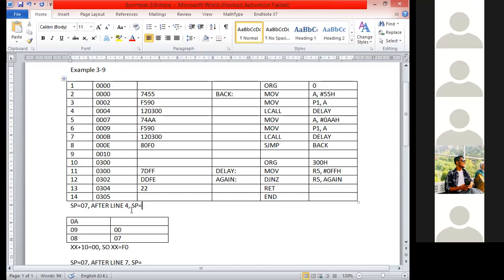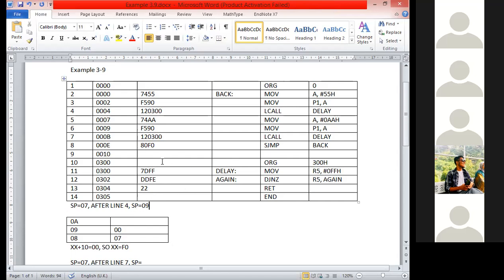After the first LCALL, the value of the stack pointer will be 09. That means one LCALL is like two push instructions. If you execute two push instructions, your stack pointer increments by 2. We have pushed two values, so the value of SP became 9.